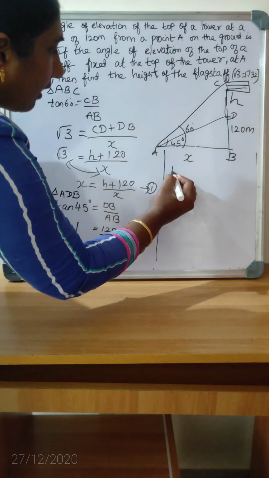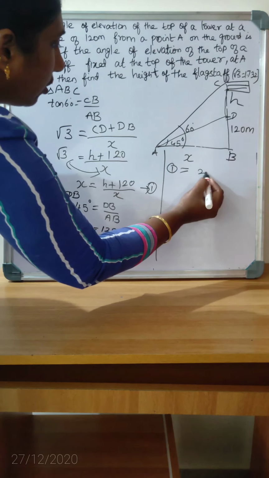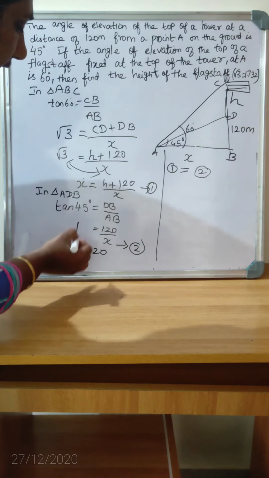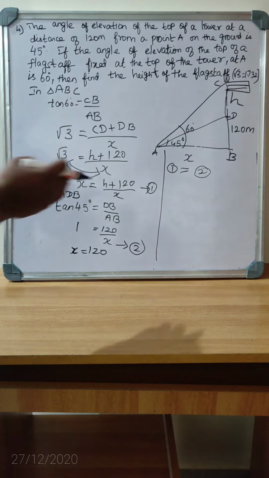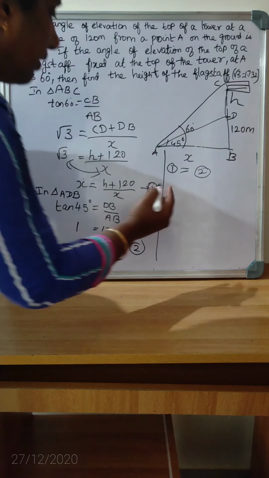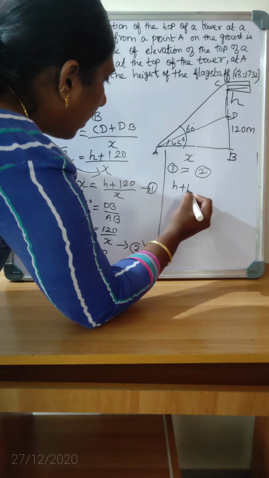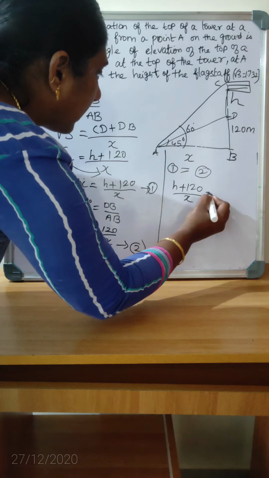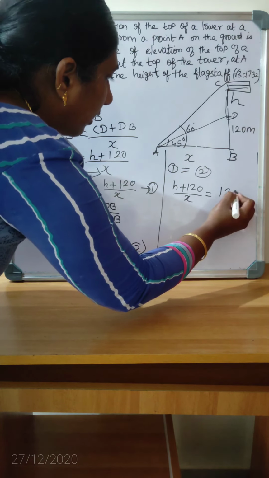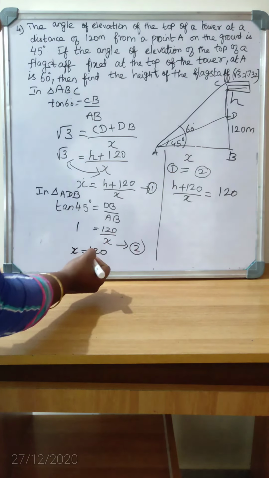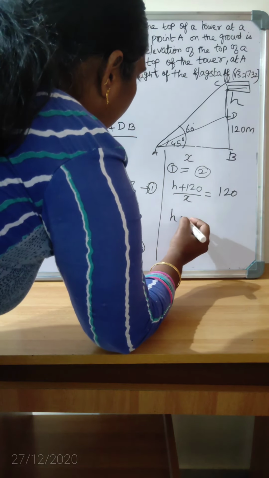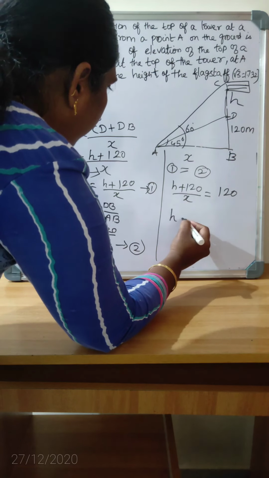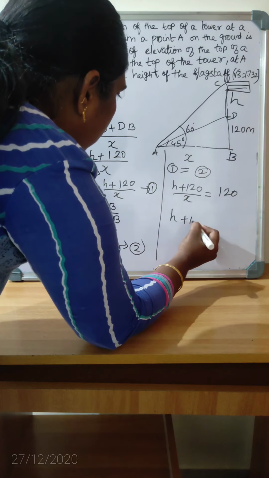We are going to equate 1 equal to 2. So you have x and you have x. So the same thing here, we want to find the height of the flag. So we are equating the x.